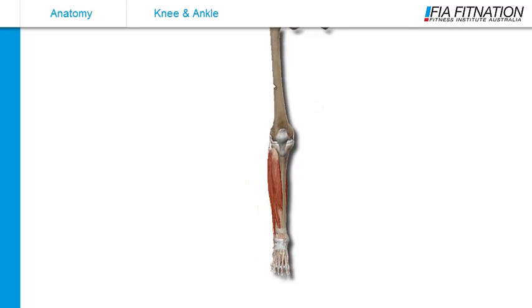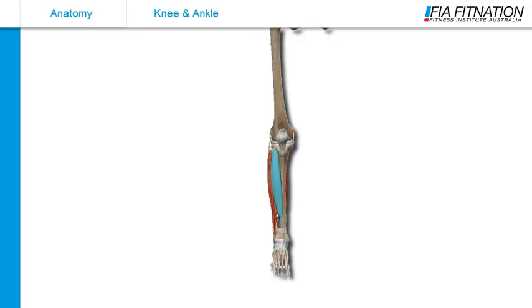Okay, and finally what we have is a muscle that runs at the front of the tibia, which is called tibialis anterior. Now this has an origin which is around about the upper 2/3 of the lateral surface of the tibia and inserts on the inner surface of the medial cuneiform bone and also the base of the first metatarsal, so the base of the big toe.